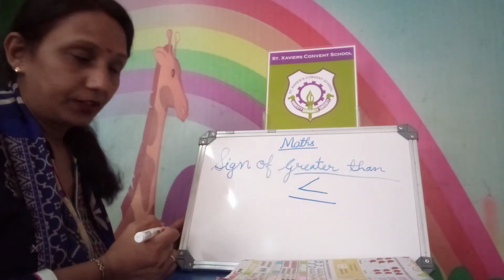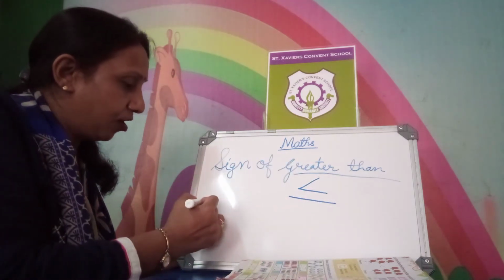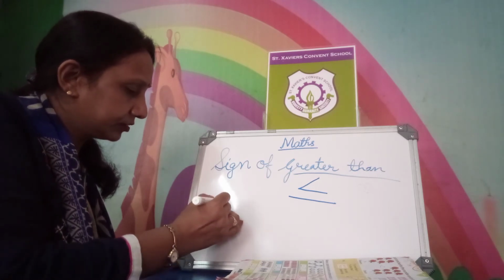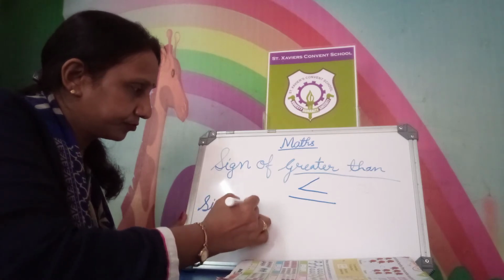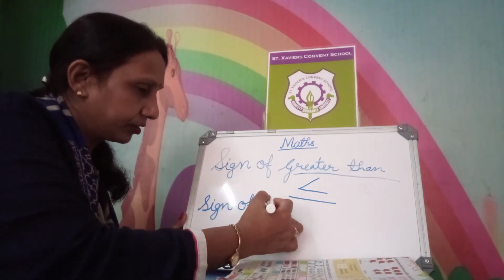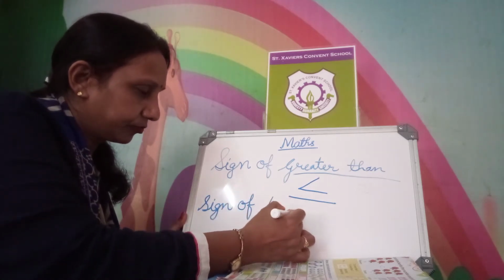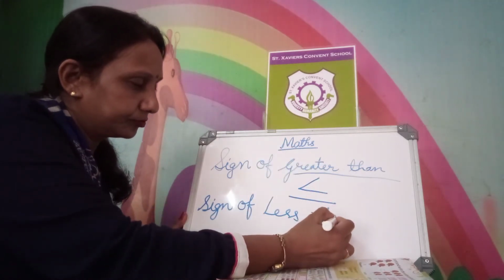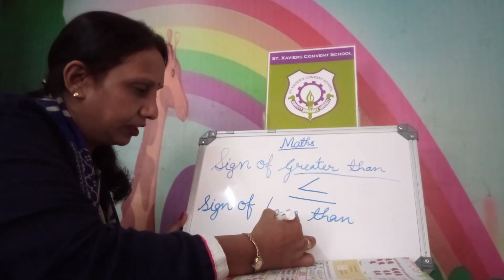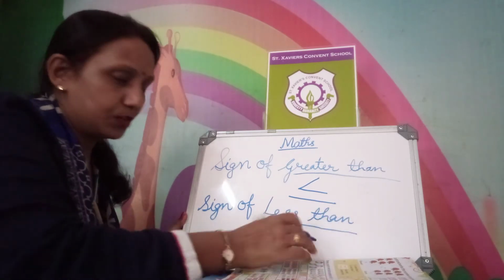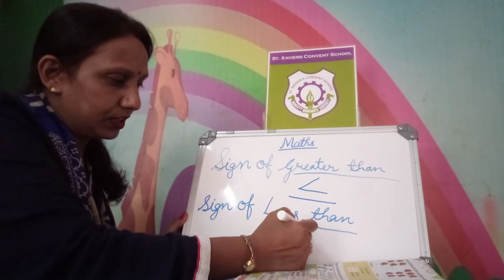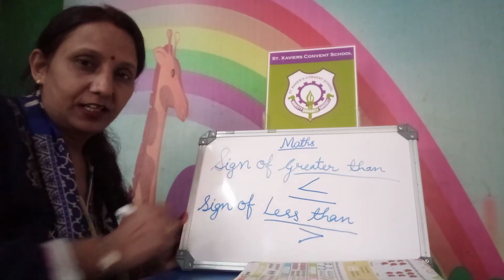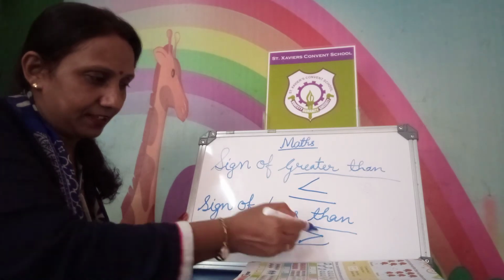And next, sign of less than. Here you see that this one is the sign of less than. This joint point is the sign of less than.